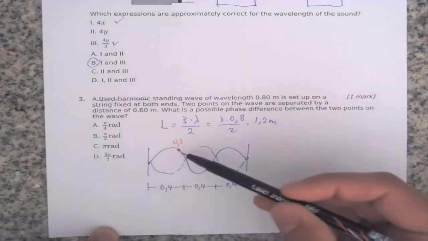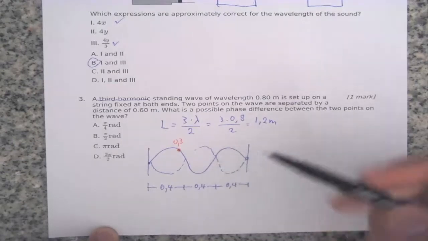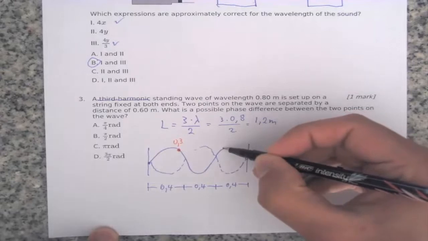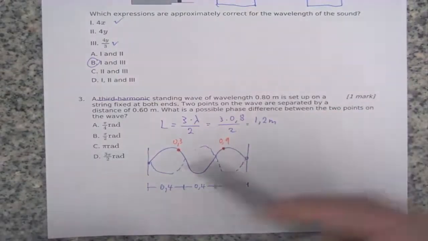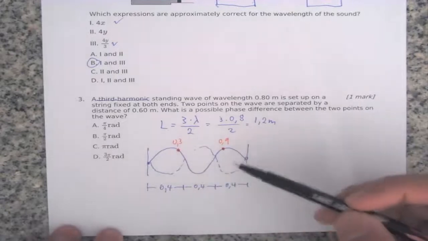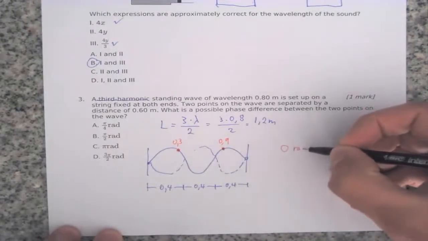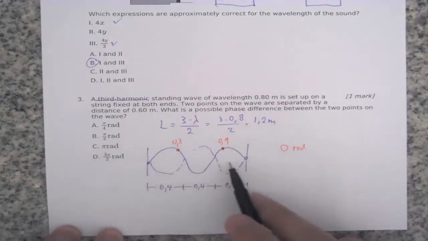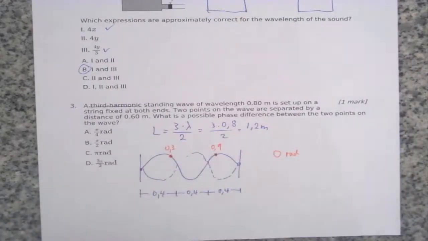So you have to go all the way to see where the next one is, and it's going to be at 0.9. So somewhere here, 0.9. Now the difference between these 2 points is 0 radians, because they are in the same loop, or in every other loop, they have 0 phase difference. But you don't have any of these options here.